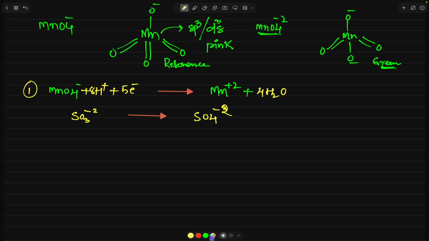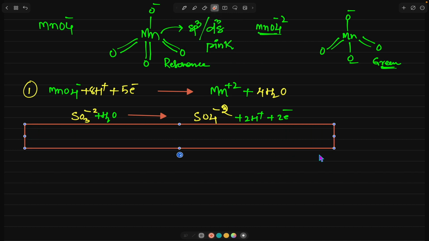How can we balance it? Here you need 1 H2O, here you need 2 H+ ions, and 2 electrons. So if we add these two reactions, we will get the final reaction.